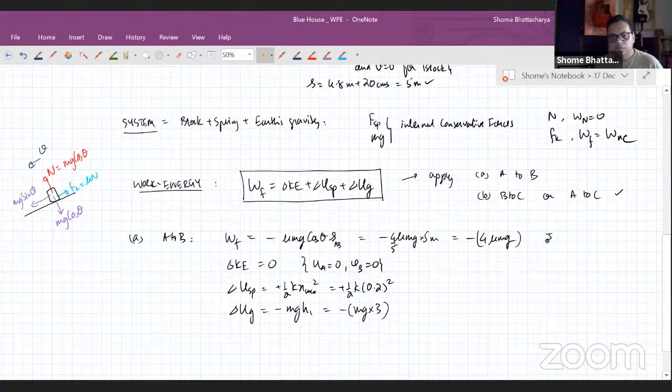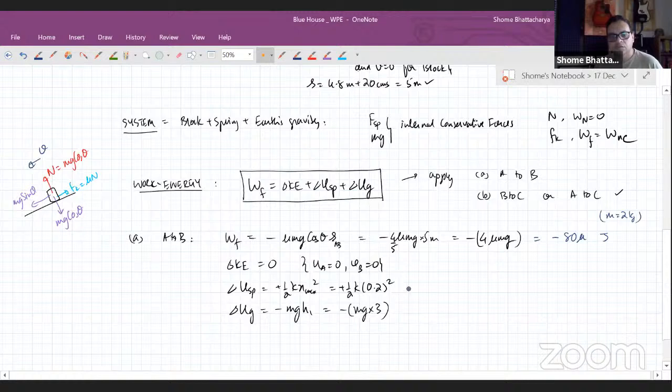So this term, this work done by friction, can actually put its value in terms of mu now. So mg is going to be 20 newtons. So this is going to be minus 80 mu in joules because m is equal to 2 kg.